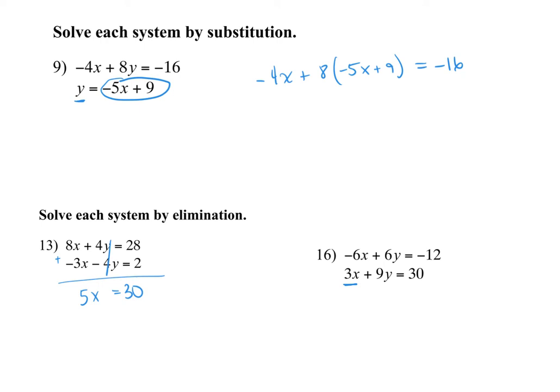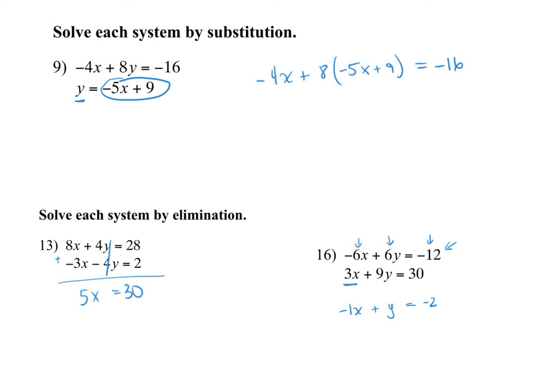Does everybody see that? Then I could add down and eliminate, and I would get my y value and plug it back in. Or all of these are divisible by 6. Does everybody see that? So if I divide this by 6, I get negative 1x. If I divide this by 6, I get positive y. And if I divide this by 6, I get negative 2, right?